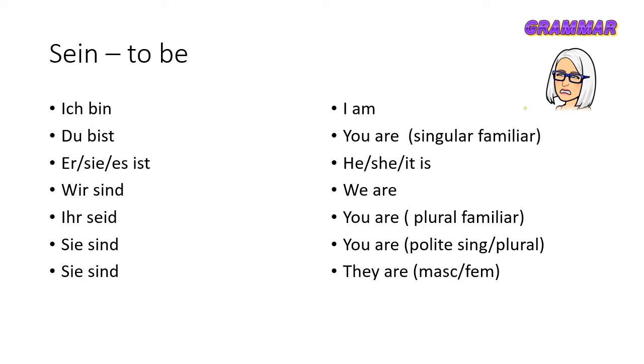Sie sind, which always has a capital letter even if it's in the middle of a sentence, is "you are" when you're talking to somebody who you need to be polite to, and that can be to either one person or more than one, so the equivalent of vous in French. And then you have another sie sind, which you can't confuse it with, which is always written with small letters, and that's the word for "they are", and that could be masculine or feminine. So this is a verb that you just have to chant until you know it off by heart.